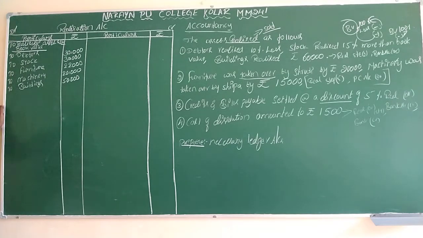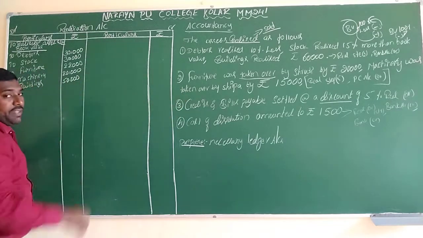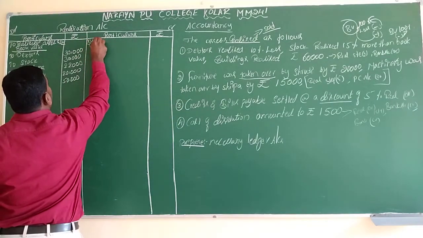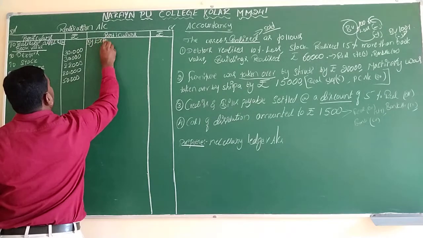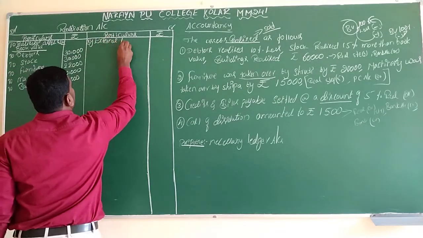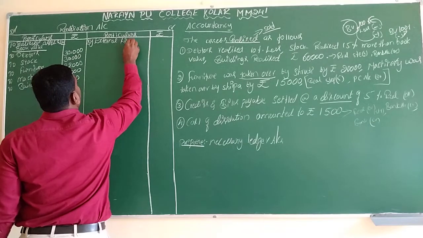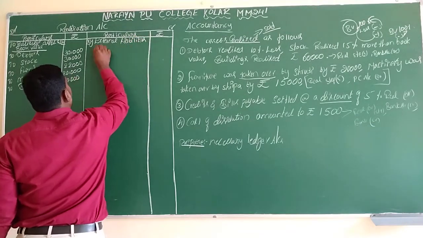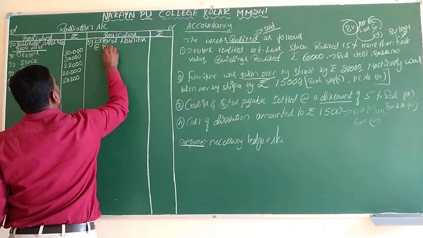Next, come to step number 2. Step number 2 always comes on the credit side of the account, that is, by external liabilities at book value.